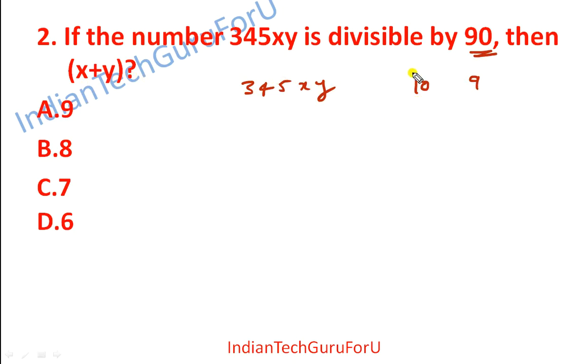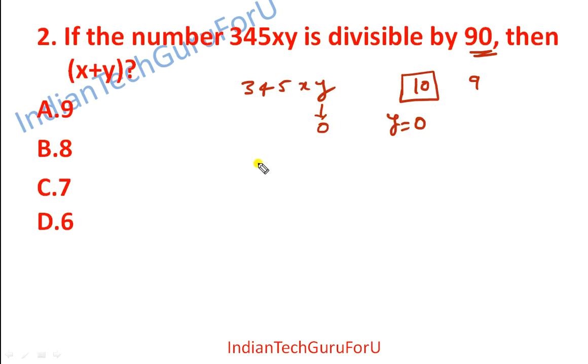So initially, to make sure that it is divisible by 10, the last digit, that is, the digit in the ones place, must be 0. So y becomes 0. With this we can determine that y is equal to 0.